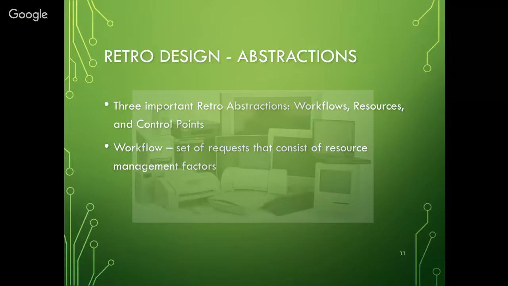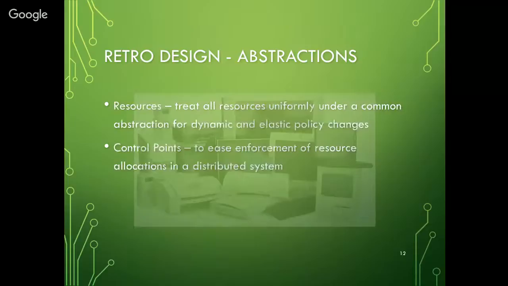So let's talk about resources. Retro treats all resources uniformly under a common abstraction for dynamic and elastic policy changes. Its most important metrics are slowdown and load, which will be explained further later on. Control points are the third Retro abstraction.